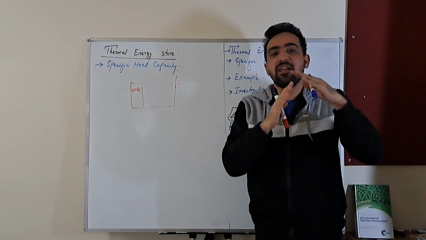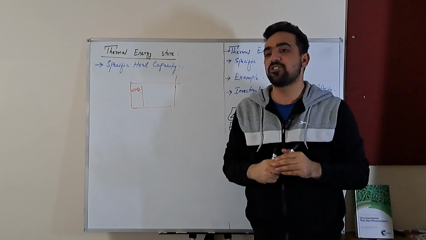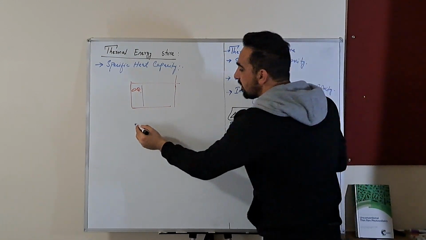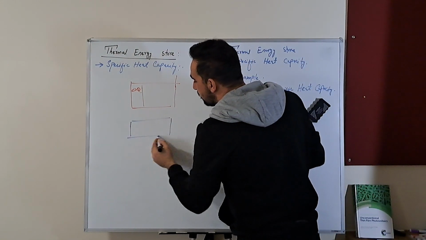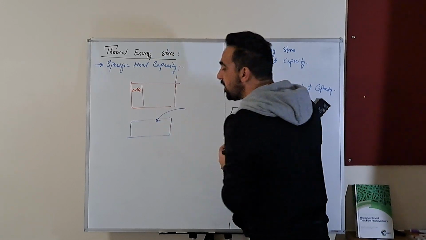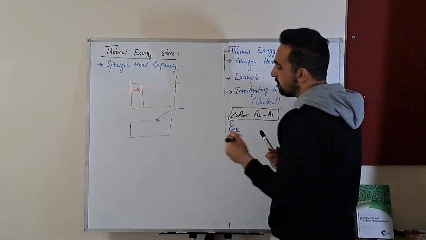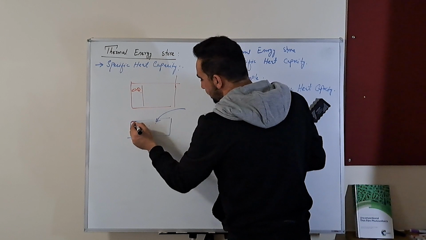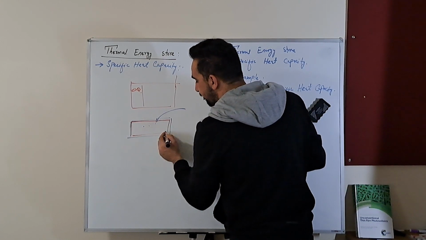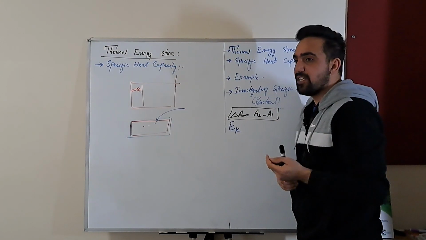So what will happen if the thermal energy store is full? Let's say I have a material, this is a thermal energy store, and I'm pouring heat energy into this store, and now it is full of energy.